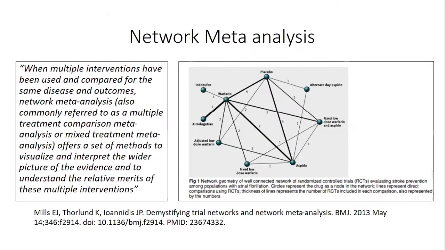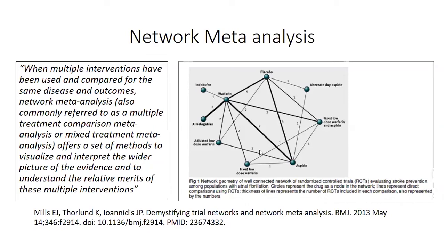For example, one of the methodologies that has become increasingly popular is network meta-analysis. That is when you don't have a direct comparison of what you're looking for, but you have a lot of indirect comparisons that other people have done.